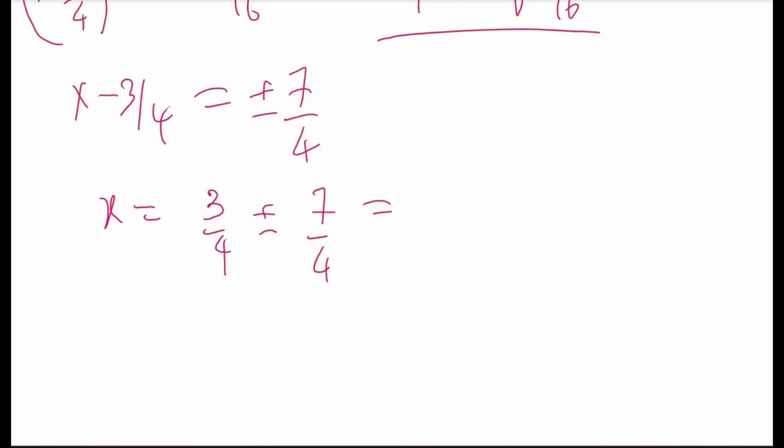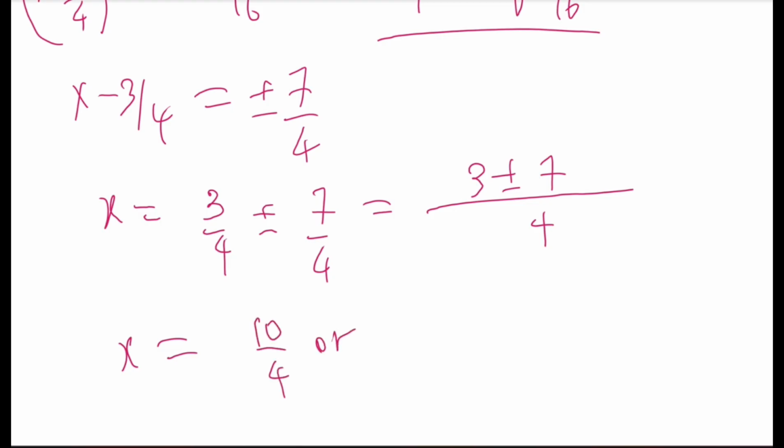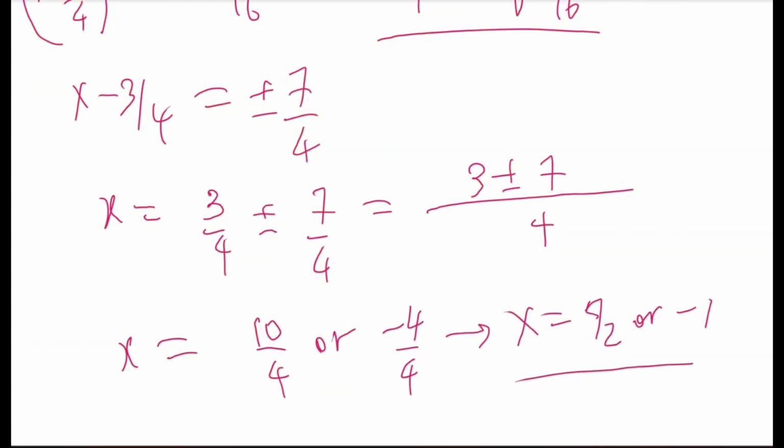Combining under a common denominator, it will be 3 plus or minus 7 over 4. Separating them, x will be 3 plus 7, which is 10 over 4, or 3 minus 7, negative 4 over 4. Eventually we conclude that x will be 5 over 2, or x will be negative 1. So that is the solution for question number 10b.